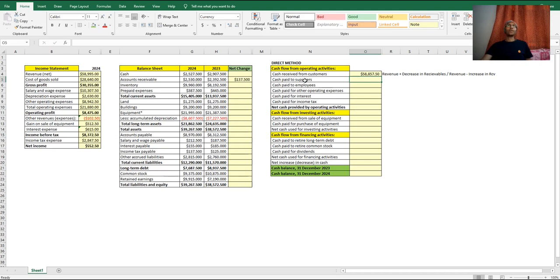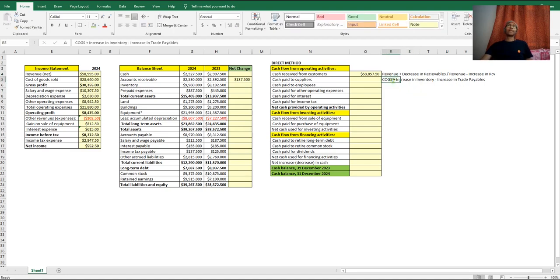Then cash paid to suppliers. This is basically cost of goods sold plus increase in inventory minus increase in trade payables.